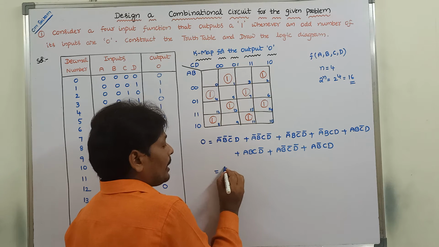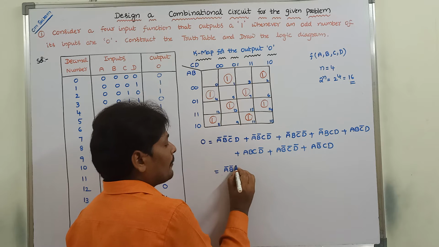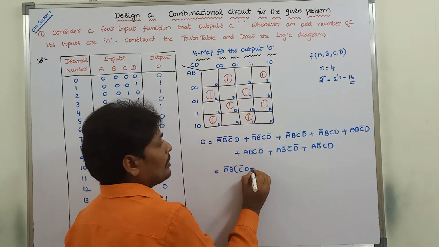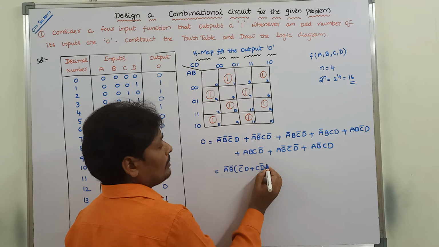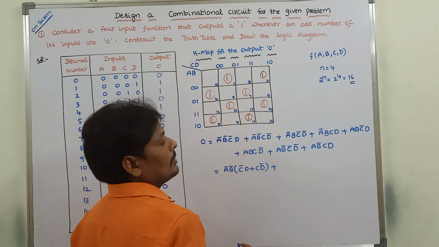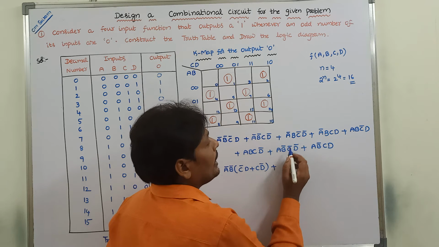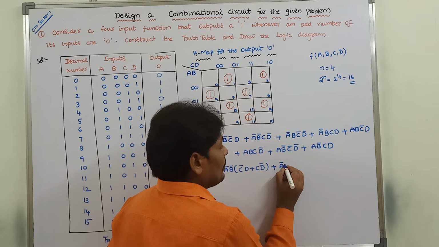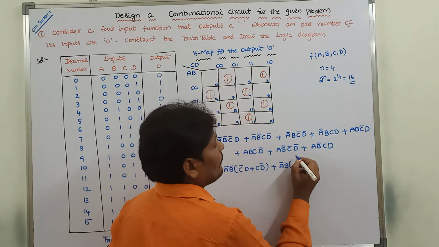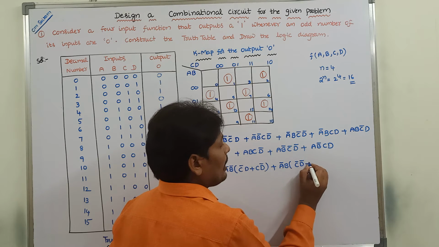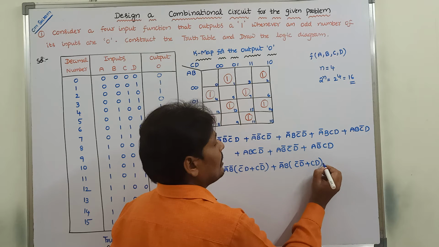After taking common A bar, B bar from the first 2 minterms, we are getting C bar D plus CD bar. Next one. From these 2, we have common A bar B. After taking common A bar B, then we are getting C bar D bar plus CD.